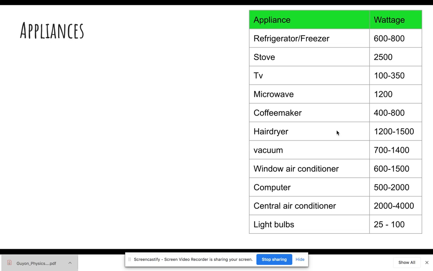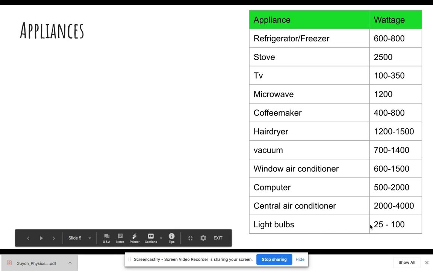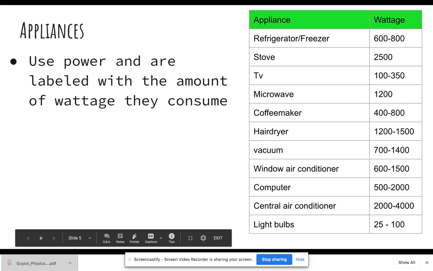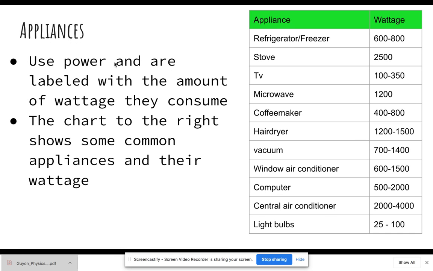Hair dryer uses a lot of power, 1,200 to 1,500. So it kind of ranges there. Light bulbs are very small. So they use power and are labeled with the amount of wattage they consume. The chart to the right shows some common appliances and their wattage.